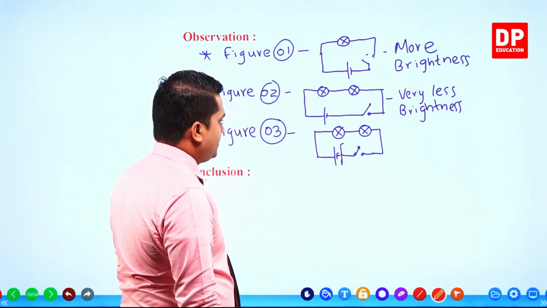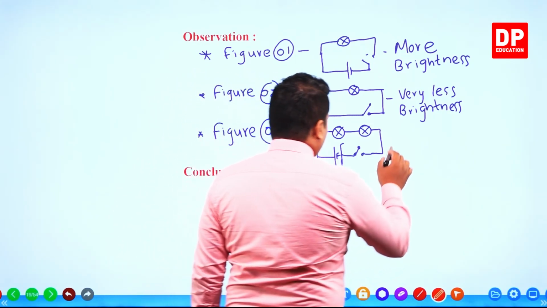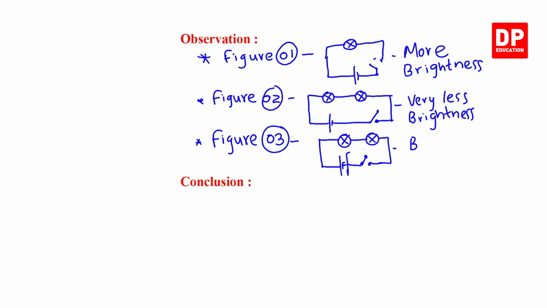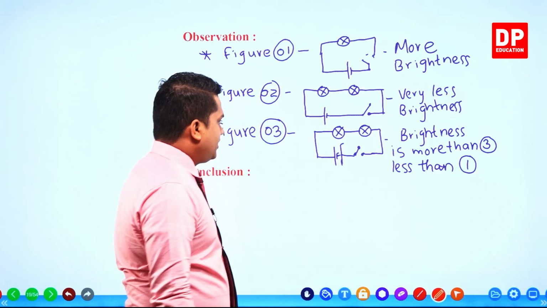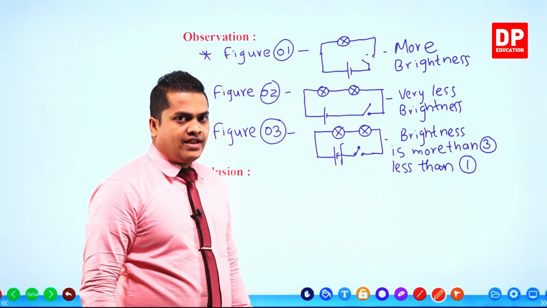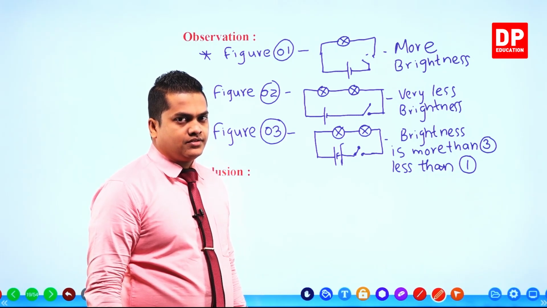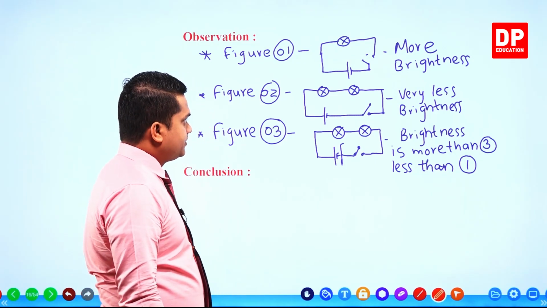So in the third figure, brightness is more than 3, less than 1. Here the brightness is more than 3 but somewhat lesser than 1.